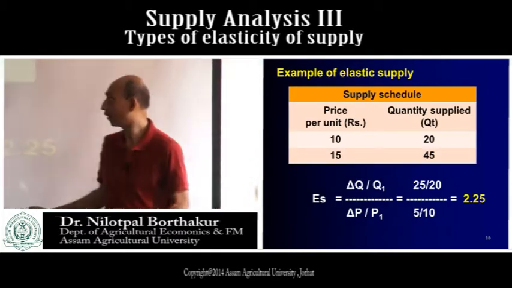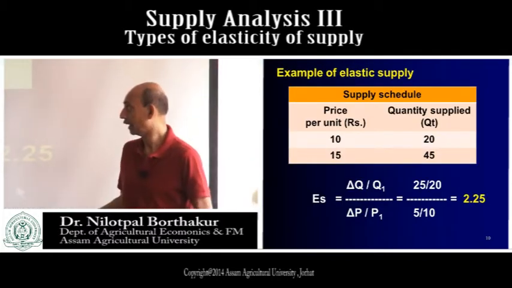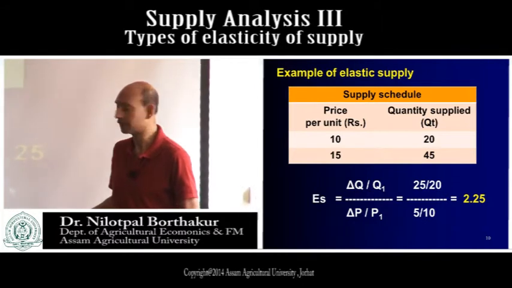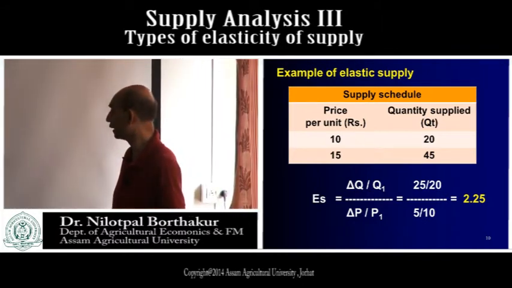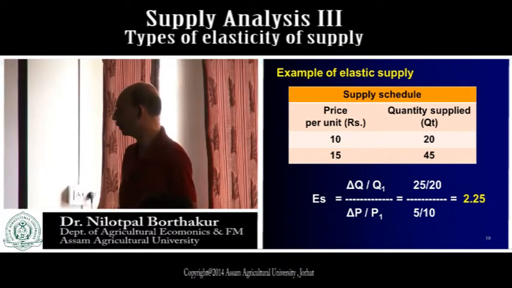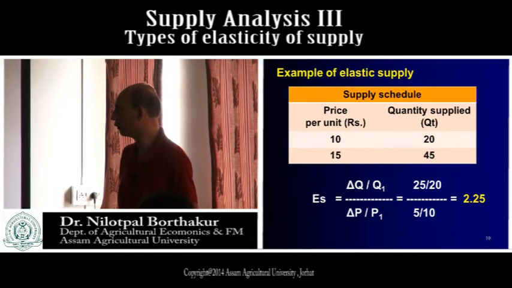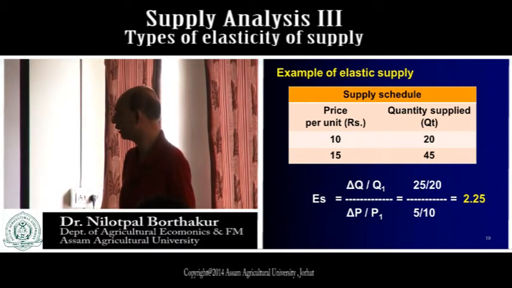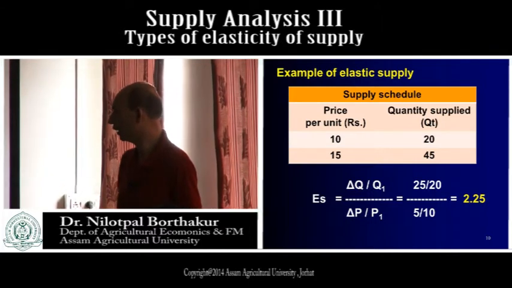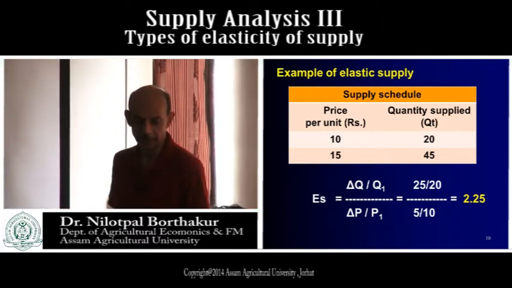This is an example for elastic supply. Here from 10 to 15 the price increases, and quantity supplied increases by more than 100%. Price increases by 50%, but quantity supplied increases by 125%. So it becomes 2.5, this elasticity.